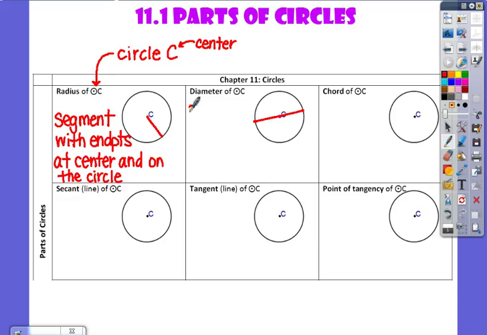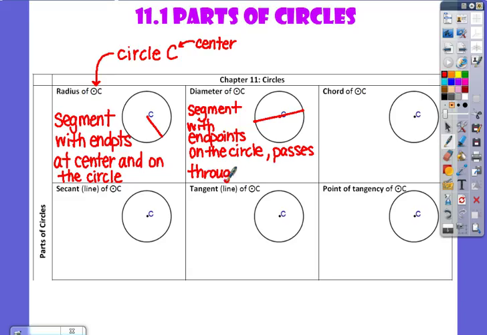So again, it's a segment with endpoints on the circle, and it has to pass through the center. Okay, those are the easy ones.